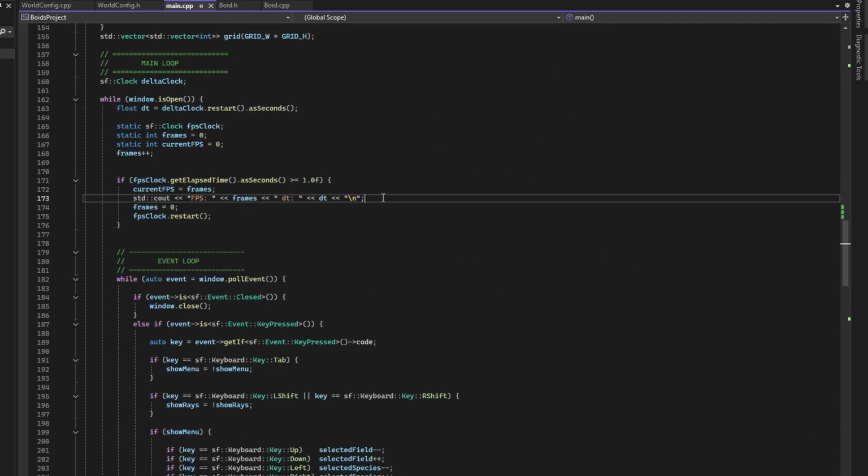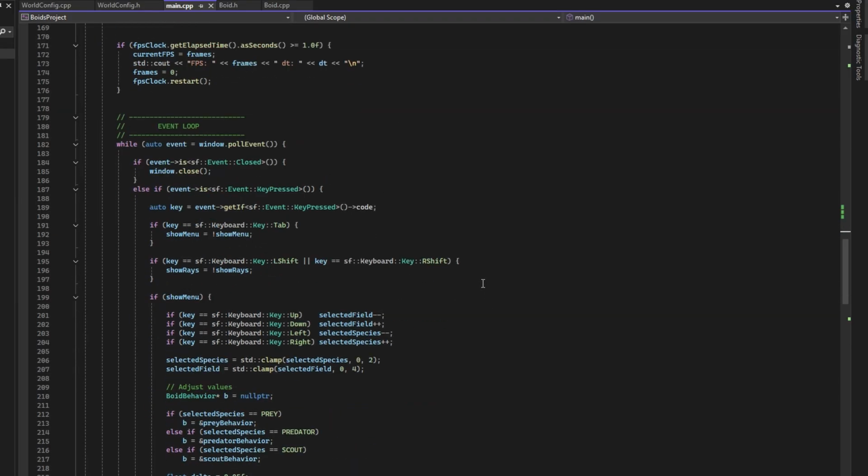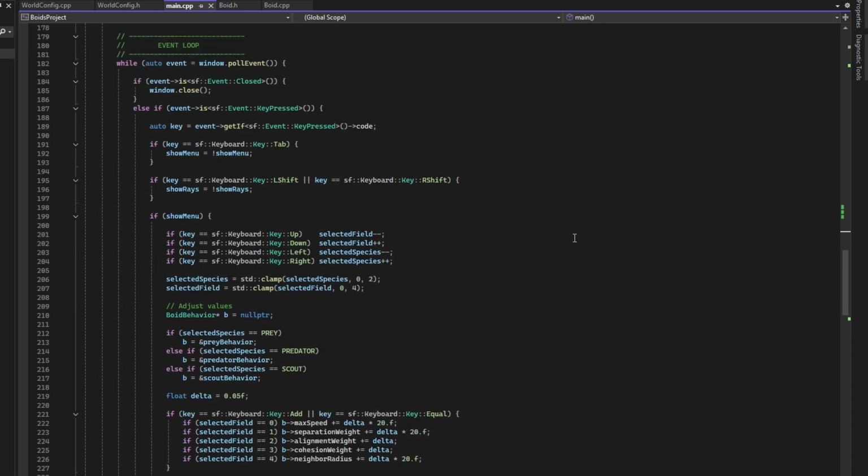This is for debugging. I had the frames per second, and then I also used the FPS to figure out the delta, so that the Boids move on a per second basis instead of on a per frame basis. Because when the simulation got slow, they got slow, and when the simulation got fast, they got lightning fast.